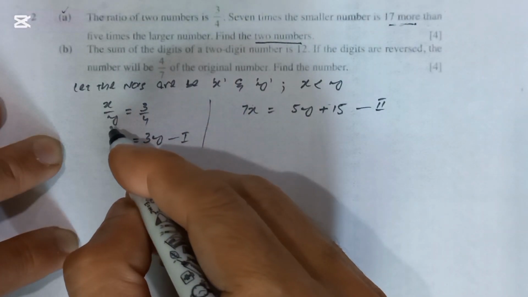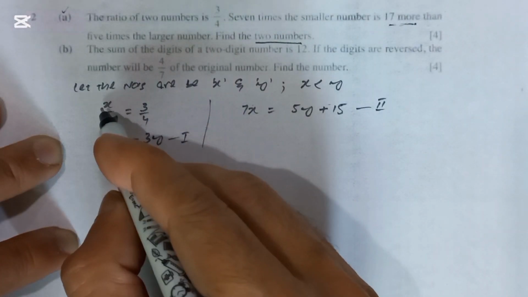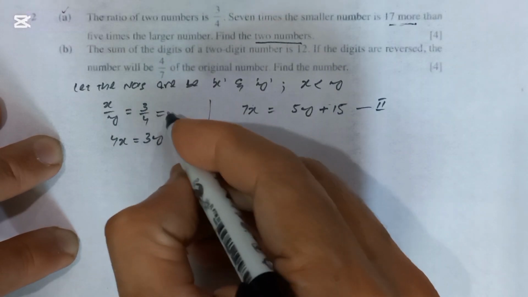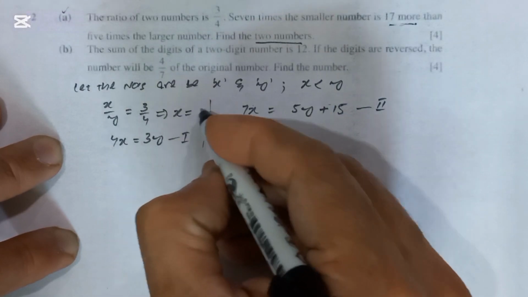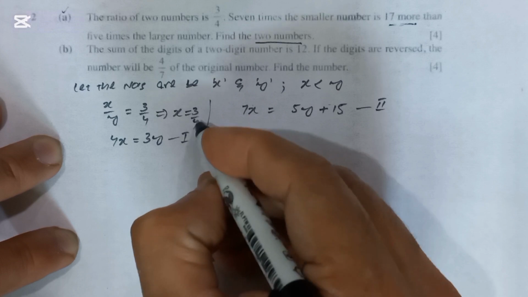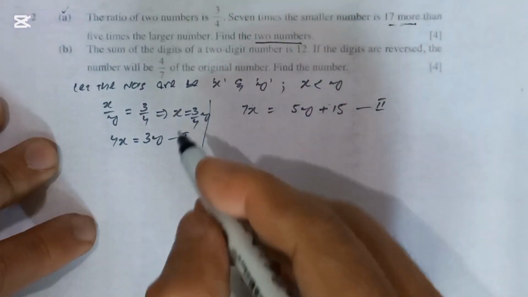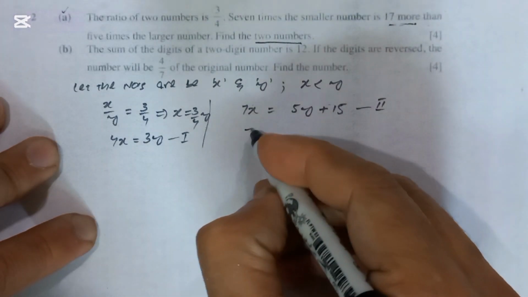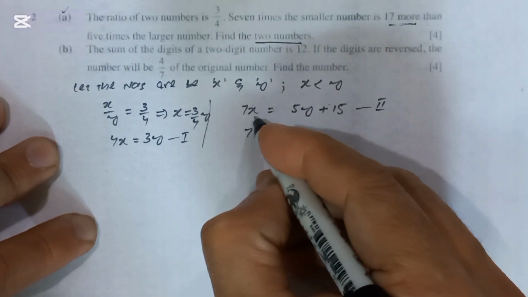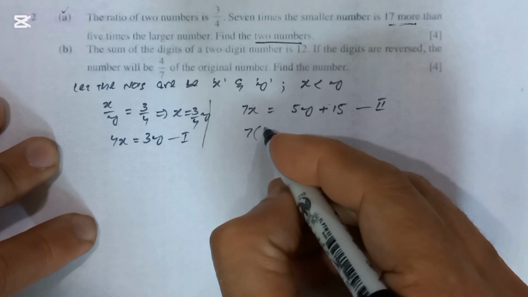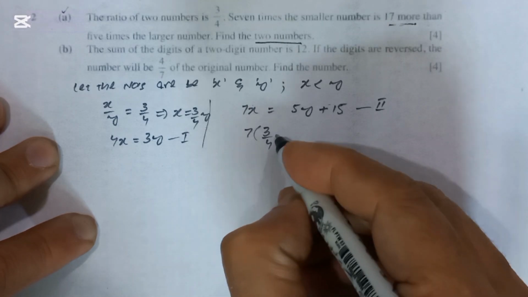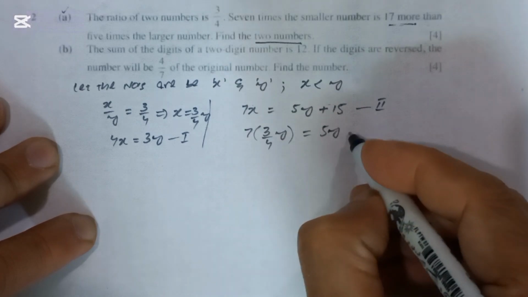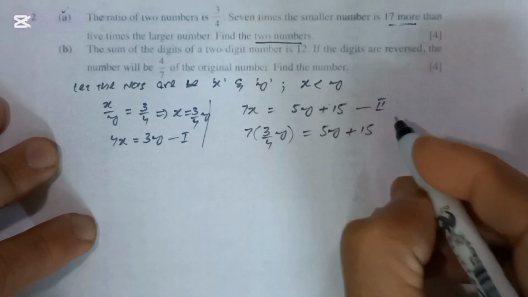Okay, from here you can get x as the subject easily. So from here x will be equal to 3 by 4 y. So put this value of x in equation number 2. So 7 will remain as it is, and in place of x we will apply 3 by 4 y, and right side will remain as it is, 5y plus 15.